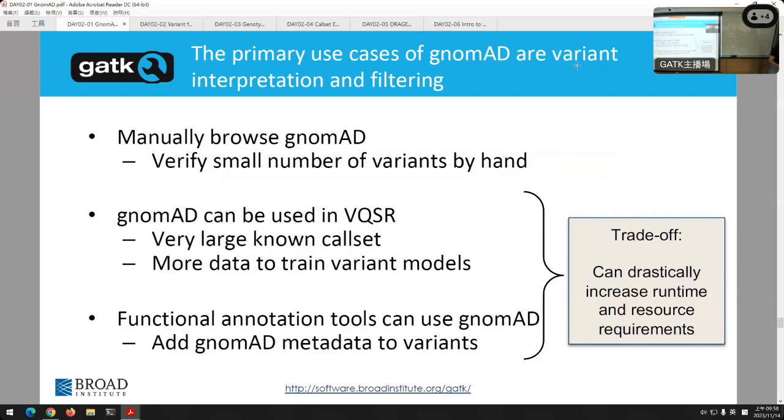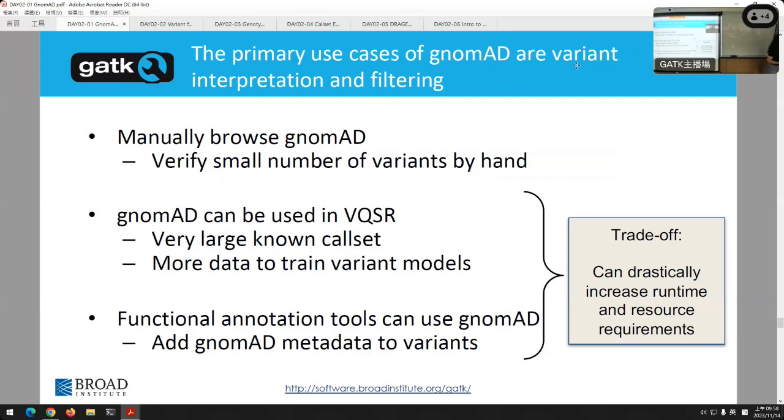You can look at a small number of variants or genes. And this is really useful in a clinical setting. If you are trying to find your patient's cause of disease, you can go and investigate whether that variant was seen before, how common is it, what does the rest of the variation in that gene look like, all things like that.